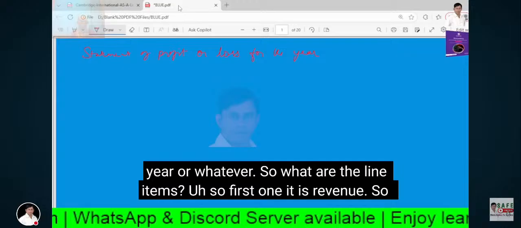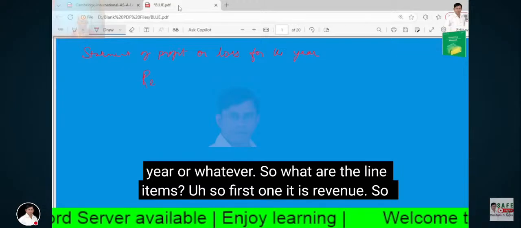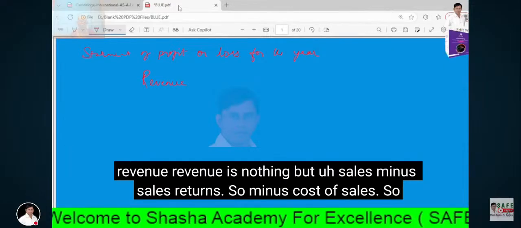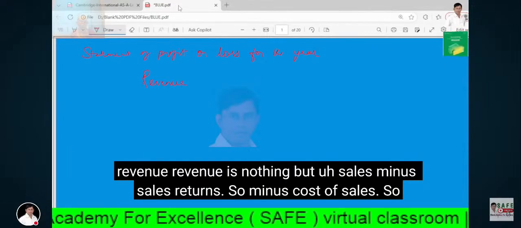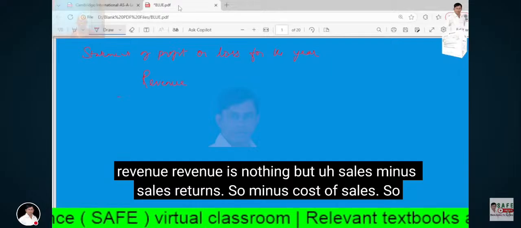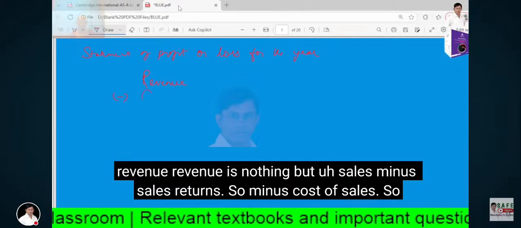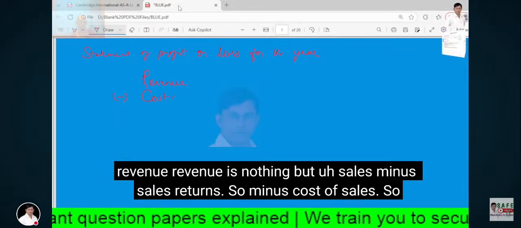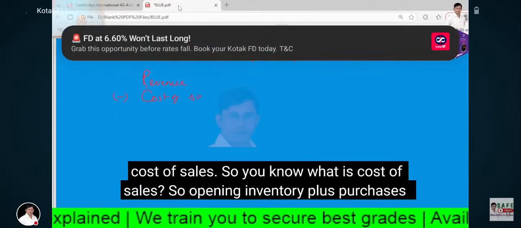Statement of financial position at 31st March 2020. Before starting this, let's understand a few very important things. Revenue is sales minus sales returns.